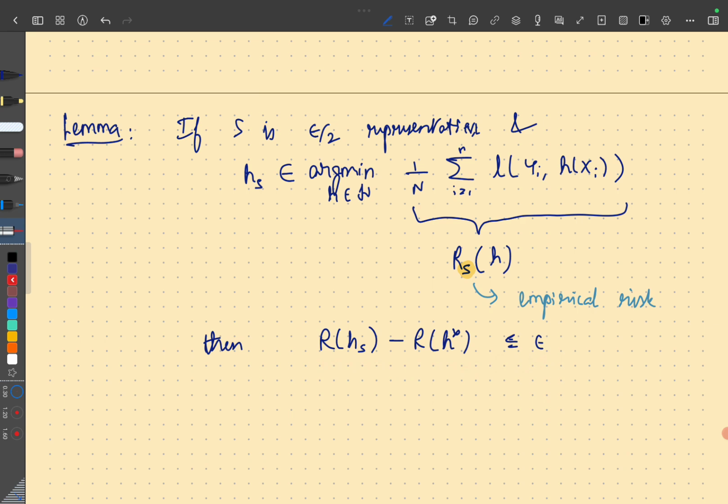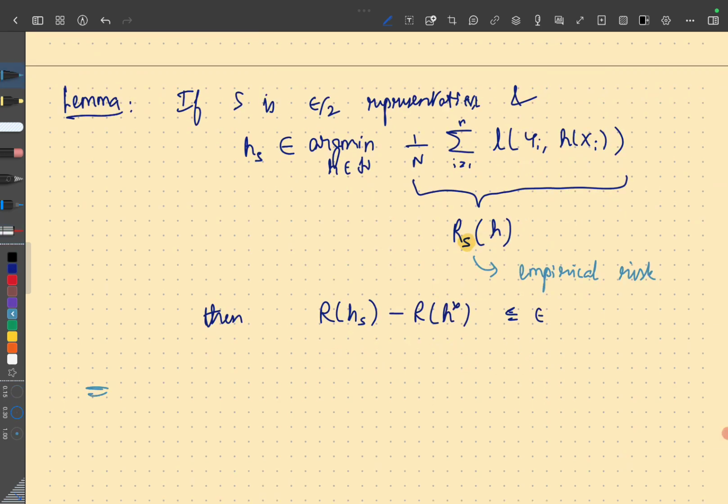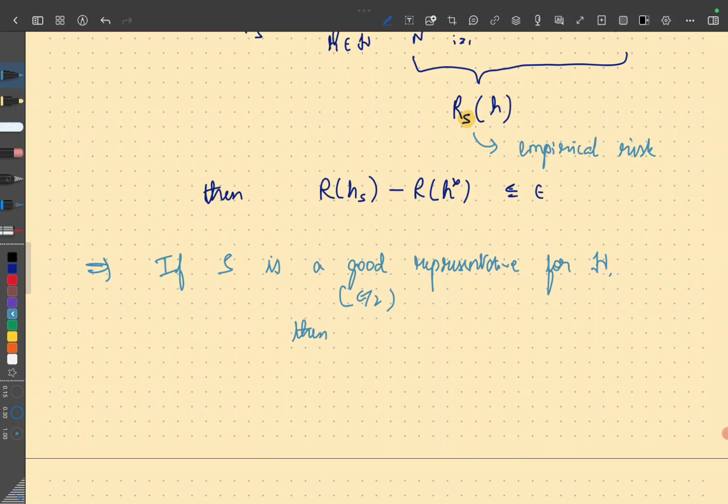That's all that it is saying. So if you magically got a data set that is epsilon by 2 representative, where epsilon is sufficiently small for this hypothesis class, then empirical risk minimization is a good learning algorithm.